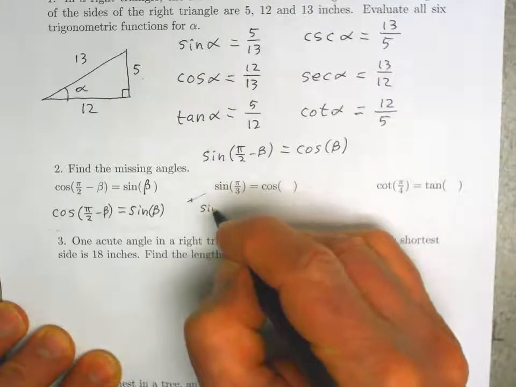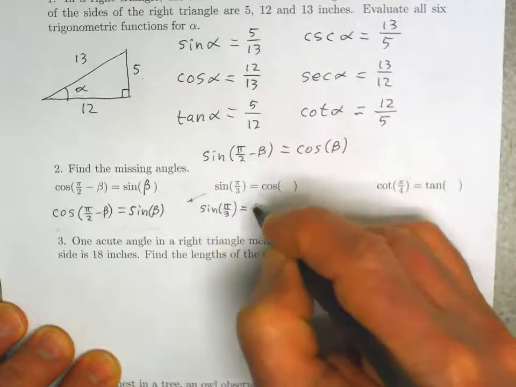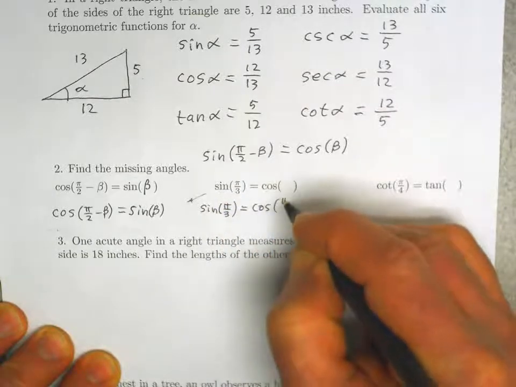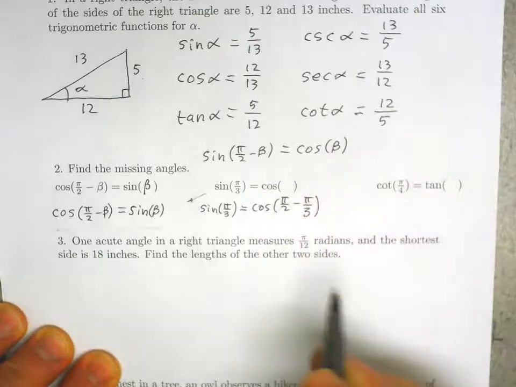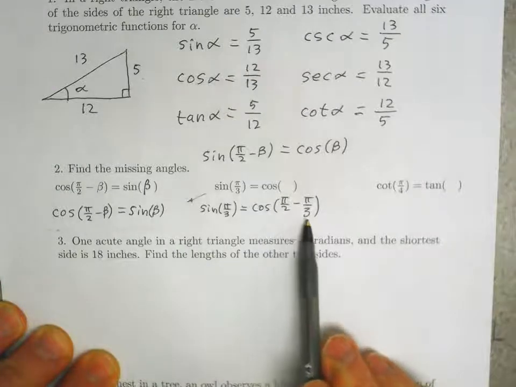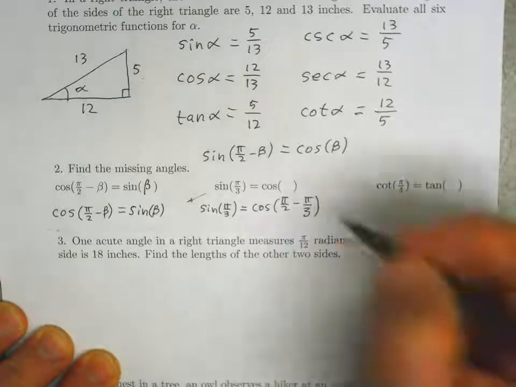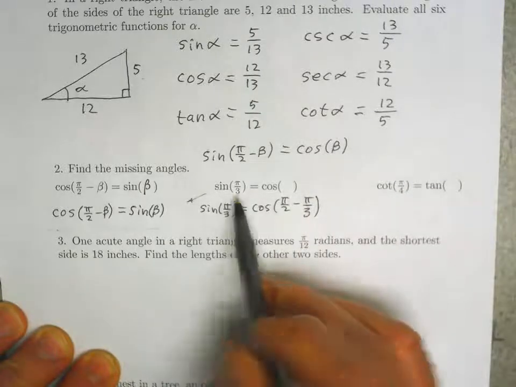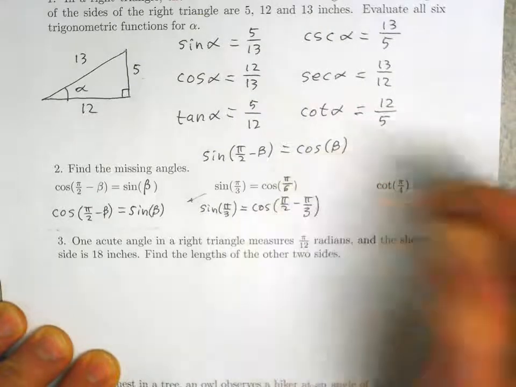So sine of pi over 3 is equal to the cosine of pi over 2 minus pi over 3. So that's equivalent to 90 degrees minus 60 degrees, which is 30 degrees, or pi over 6. So sine of pi over 3 is equal to cosine of pi over 6.